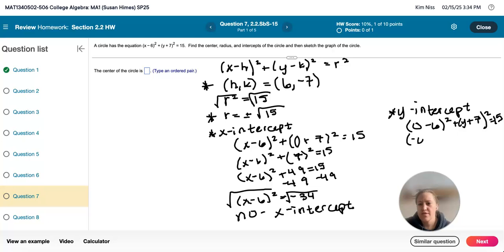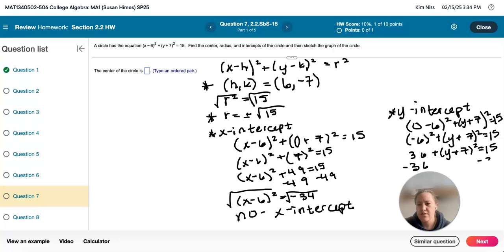So we're left with negative 6 squared plus (y plus 7) squared equals 15, which then gives us 36 plus (y plus 7) squared equals 15. We can already tell that the same thing is going to happen. We're not going to have any y-intercepts either.